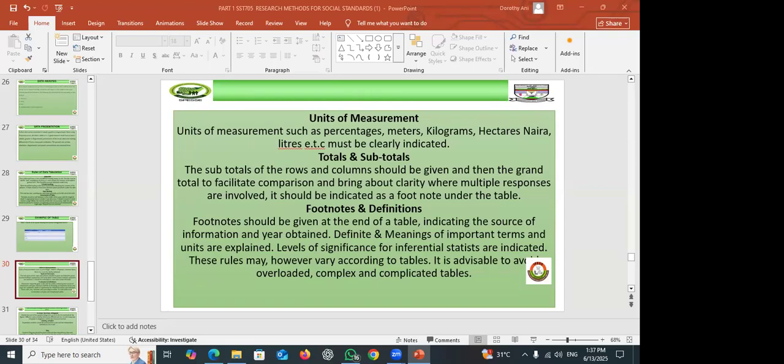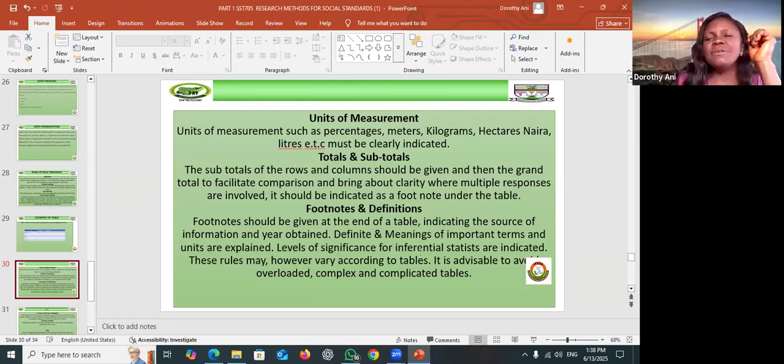Is the footnote supposed to be made at the end of every table or the entire table presentation? When you're over with all tables, you come down and make the footnote, and then... Okay, that's a good question.